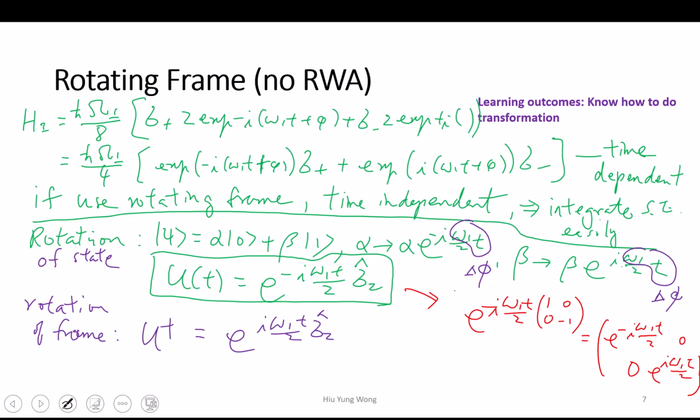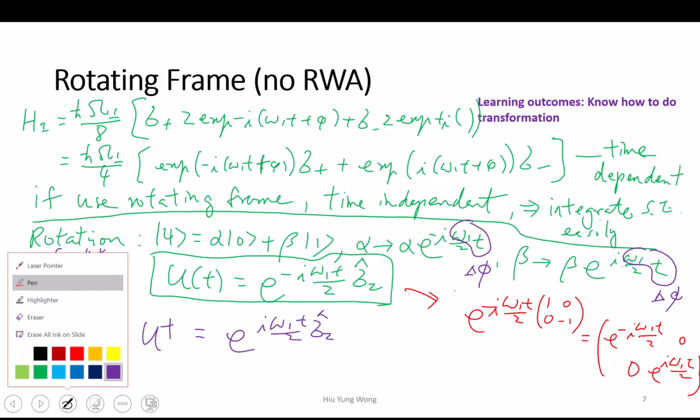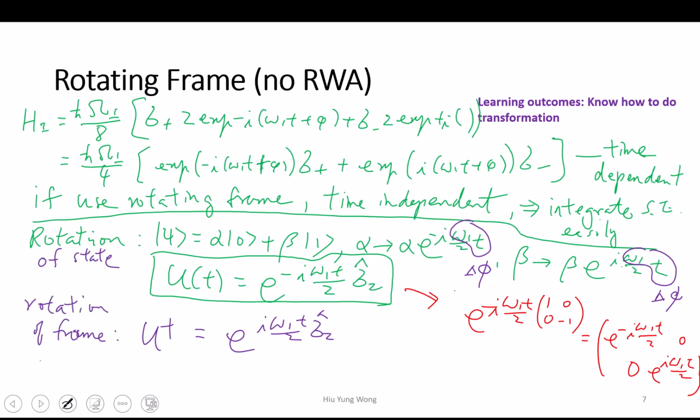Basically, that is what we say, right? If we go to the rotating frame, we find all the matrices at the rotating frame. So now I change the frame. Instead of the lab frame, I'm trying to describe all the physics by following this rotation.